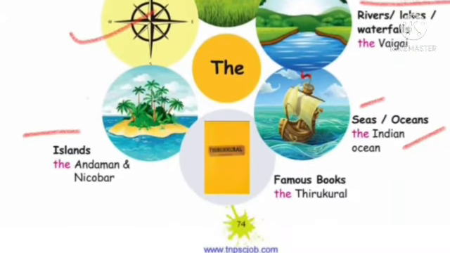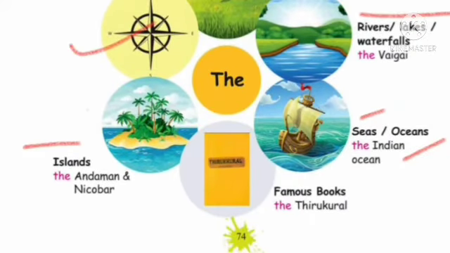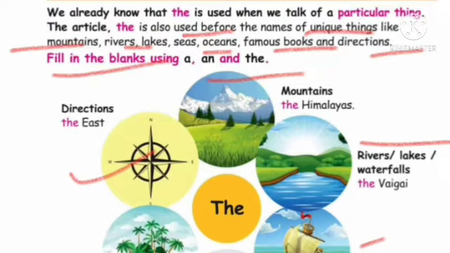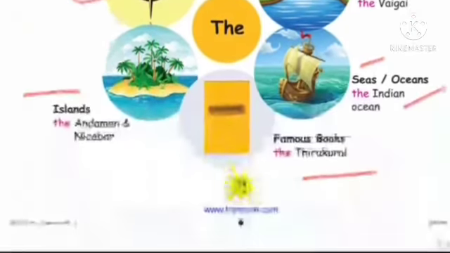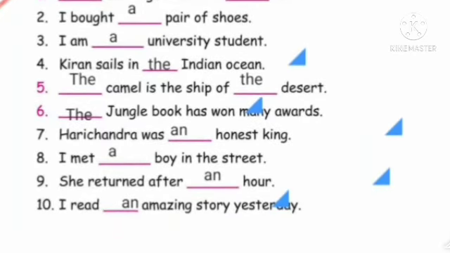And before famous books, okay, for example, the Tirukkural. These are specific things, unique things; before these unique things we have to use the article the. A few examples are given here, children, that I have filled in for you, that you have to try to understand patiently. Okay.